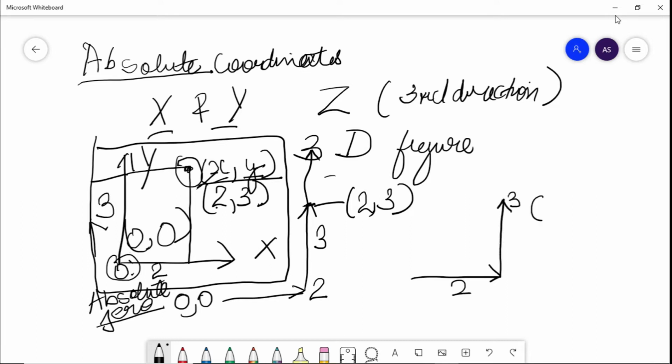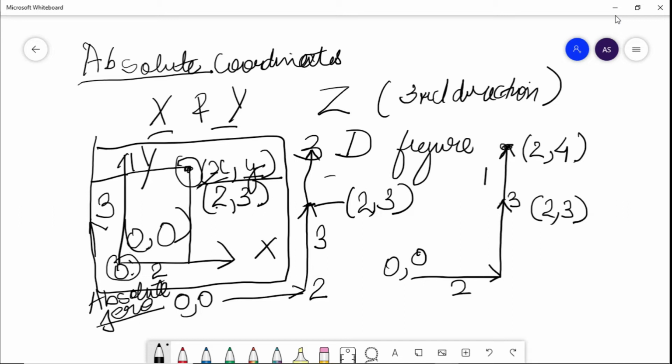So this position was 2, 3, and further if I move from this position in the y direction and I have not moved in the x direction, so this position is at x is 2 from the absolute 0, 0, x remains at 2, and at this point the new value of y has become, earlier it was 3, so 3 plus 1 is 4.